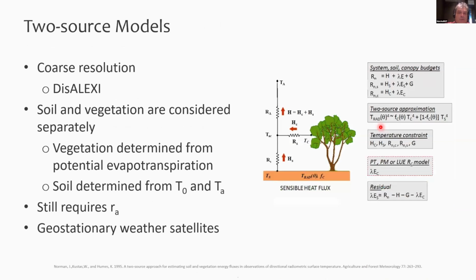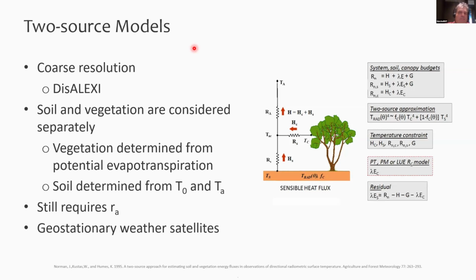So the most sophisticated models are these two-source models. They work in a number of ways, but essentially vegetation and soil are estimated differently. The vegetation side is estimated using a vegetation index approach, which I'll talk about in the subsequent slides. In this case, Penman-Monteith. Some use Priestley-Taylor. And then the soil component is estimated in much the same way as single source models, but only for soil.